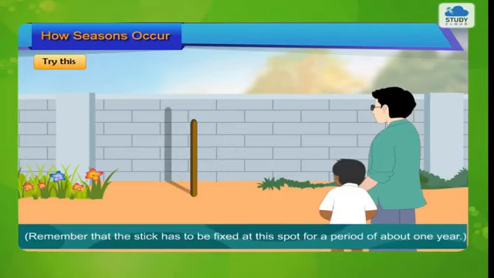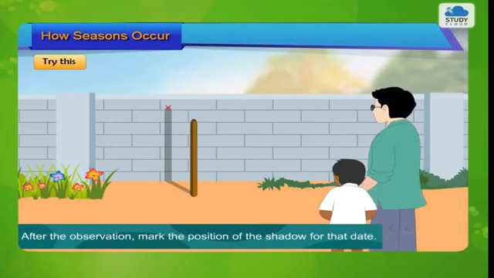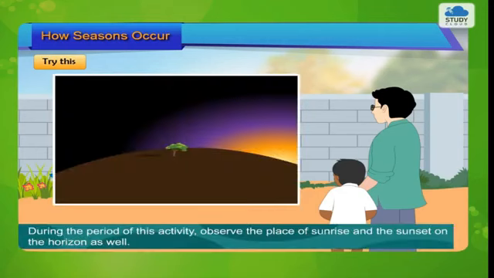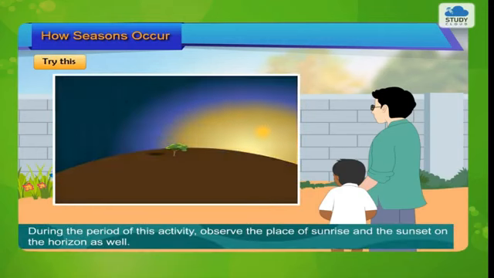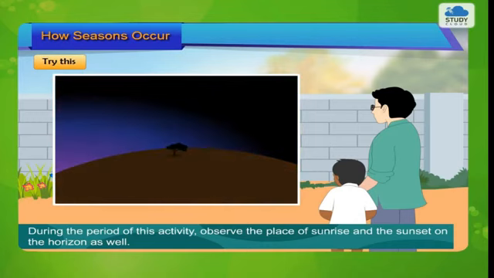Remember that the stick has to be fixed at this spot for a period of about 1 year. After the observation, mark the position of the shadow for that date. If the position of the shadow changes, measure and note the distance between the earlier and the changed position. During the period of this activity, observe the place of sunrise and the sunset on the horizon as well.